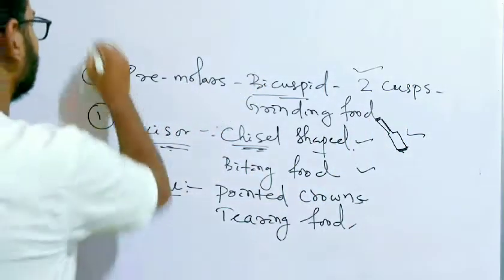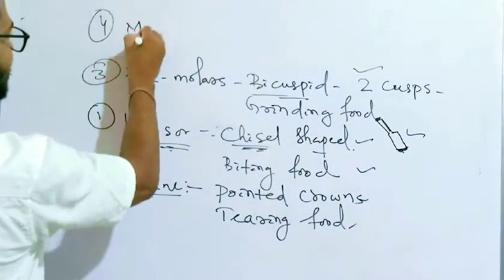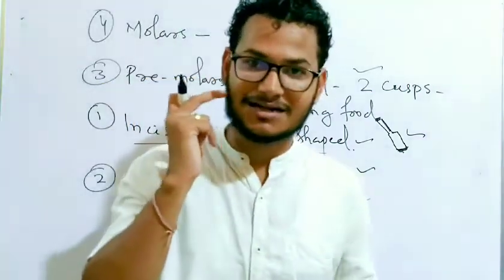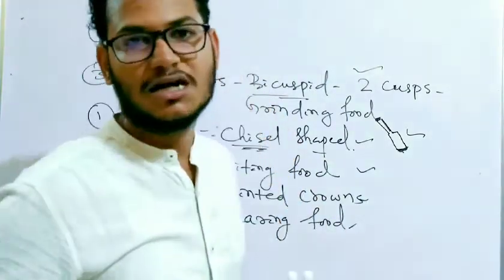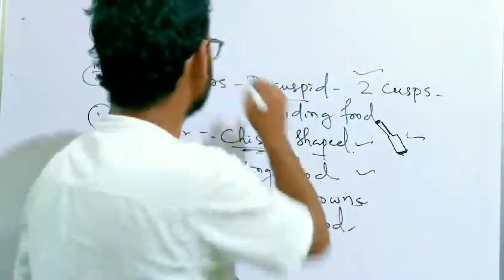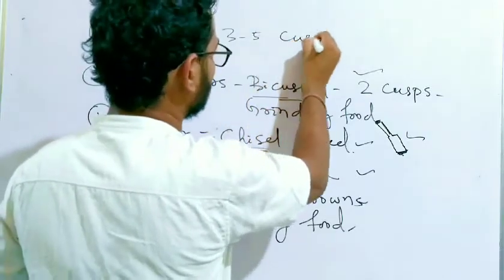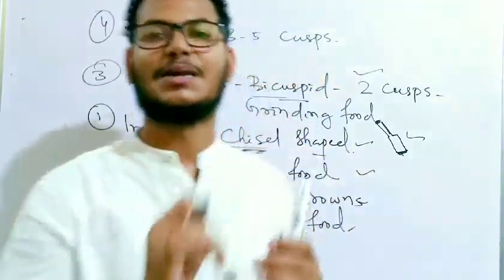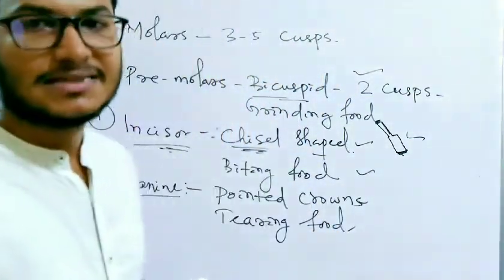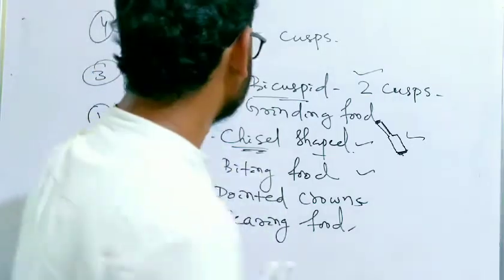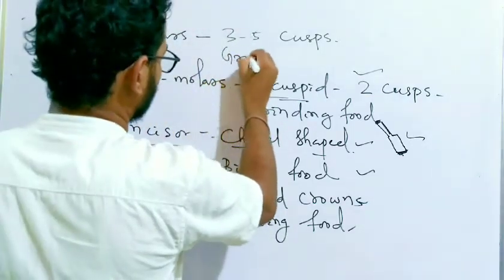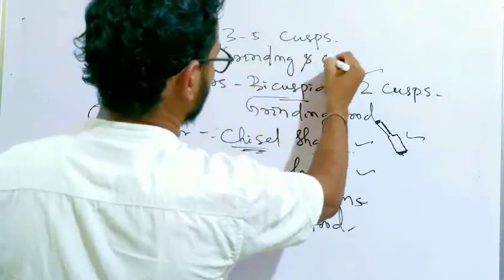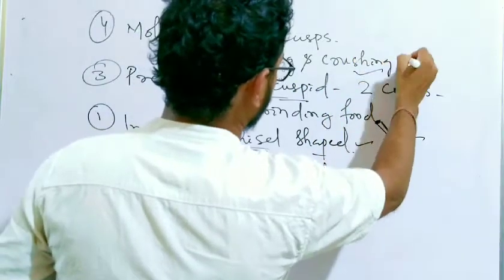And finally we have the 4th type of tooth, that is molars, which are present at the last corner of our buccal cavity, and they have 3 to 5 cusps. So 3 to 5 curves are there on the surface and they join at a single point. That is why they have 3 to 5 cusps, and they help in grinding and crushing the food.